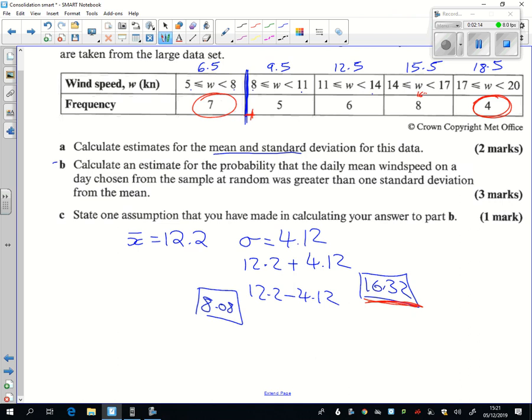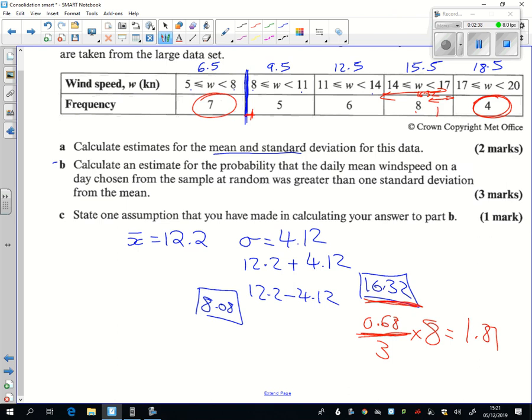So we're going 16.32. Well, look, 16.32 there is 0.68 from the end. 0.68 out of 3 times by how many there were, 8. And I'm getting that to be 1.81.